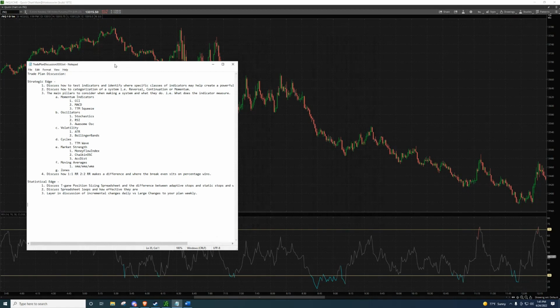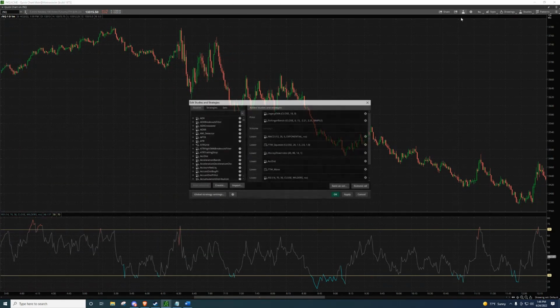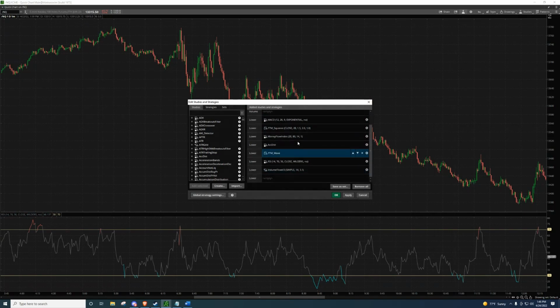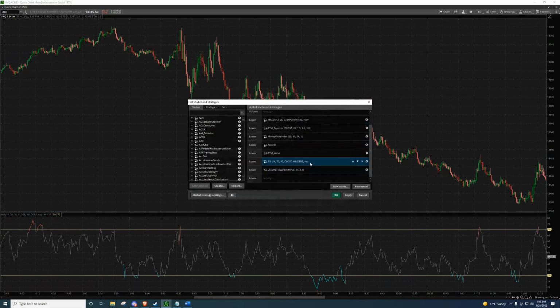Otherwise, you can't really build your process for your edge. We'll get into the actual process creation after we get through all of these indicator pieces. But the MACD, I think, is the most simplistic for everybody to understand. It's one of the first indicators you ever see that they ever shill.